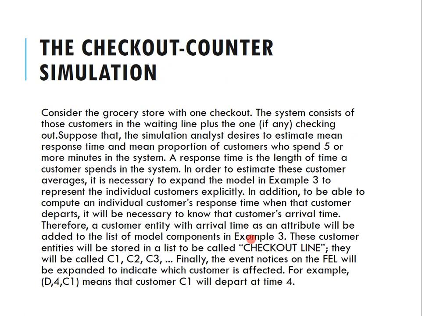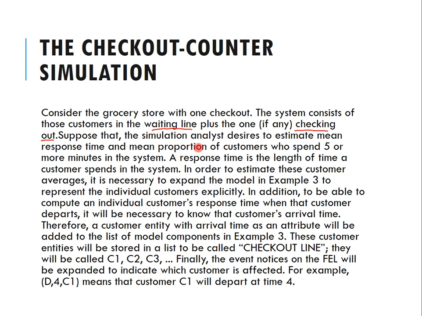So this is an example: checkout counter simulation. Imagine we have a grocery store with one checkout system, meaning one cashier and a queue where the arriving customers will go into. So the main components are the waiting line and the checkout counter.